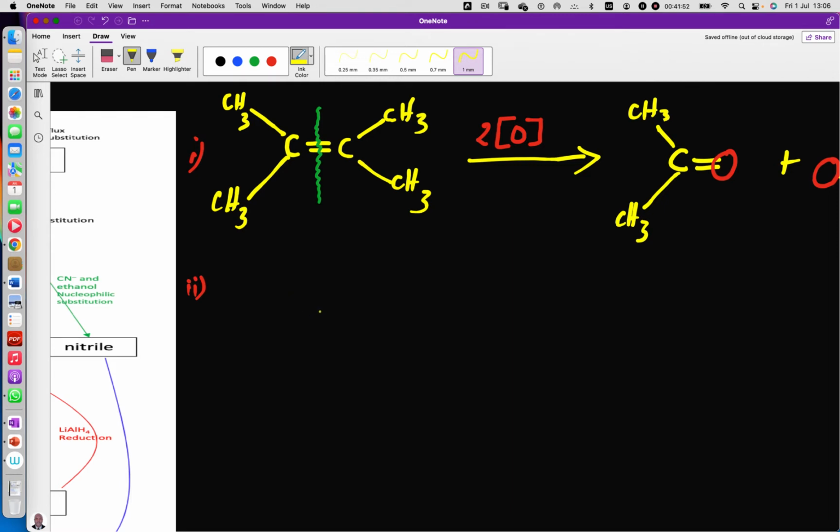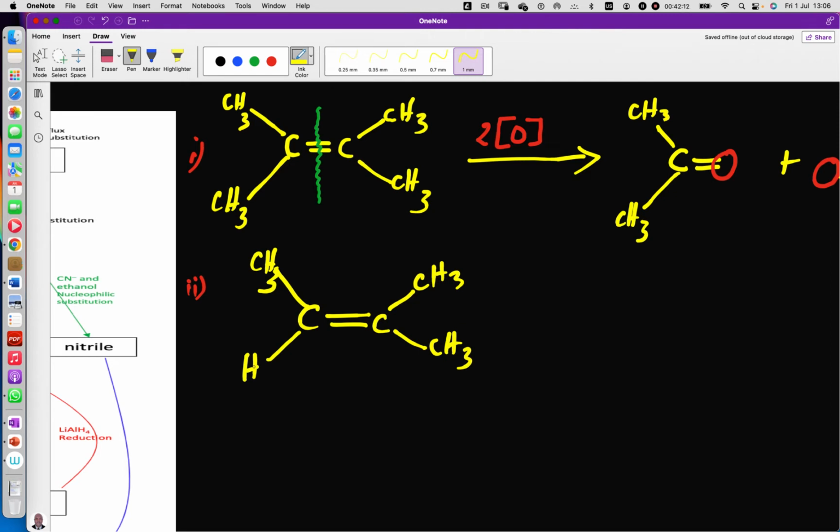We have this carbon. We have a methyl group here, this is another methyl group, and this is a methyl group here. And this is a hydrogen.